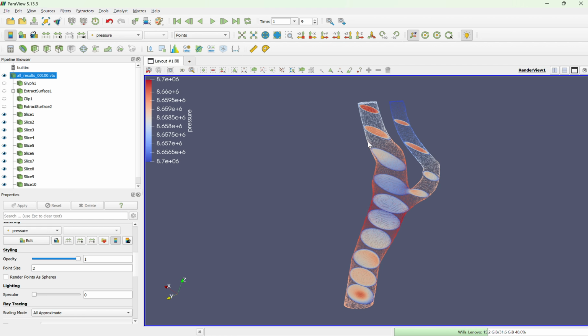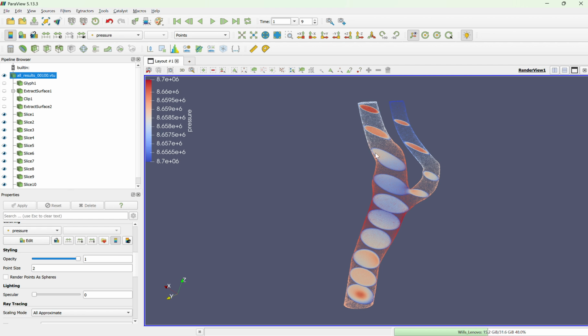As you can see from these slices, the blue regions represent lower velocity, whereas the red symbolizes higher velocity as the blood moves through the artery towards this bifurcation and through each offshoot here.